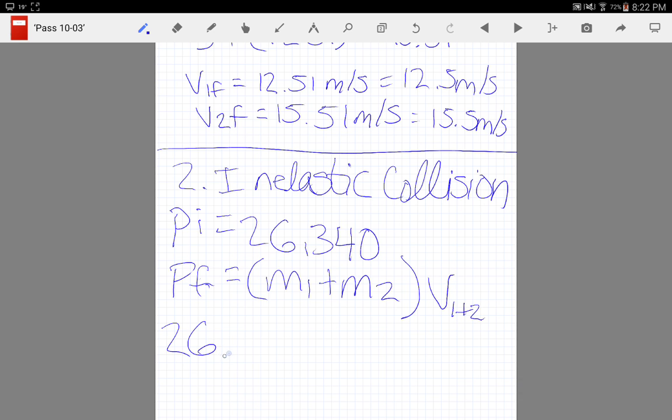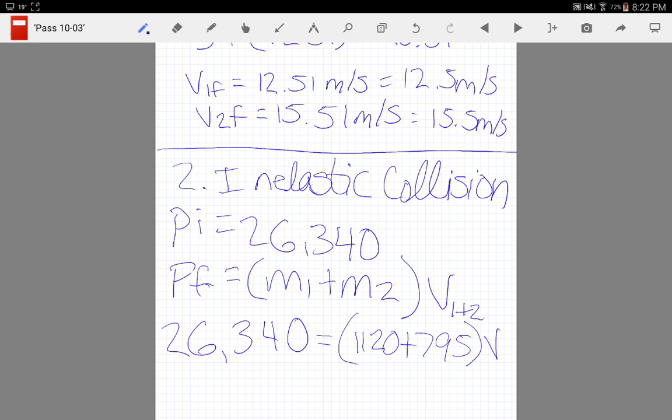So we have 26,340 equals M1 plus M2 times V. We'll plug in our values: 1120 plus 795.